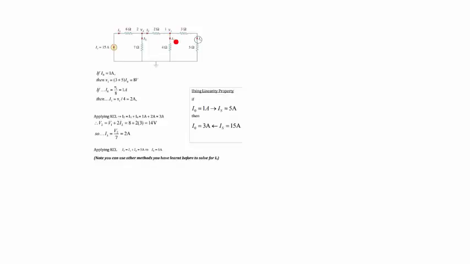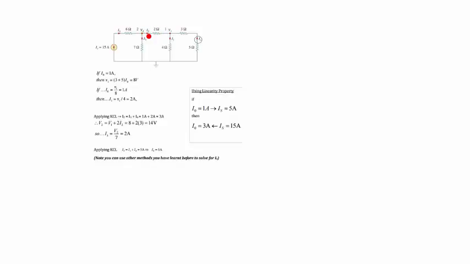I1 will be 8 volts divided by 4, which is 2 amps. The sum of current entering the junction is equal to the sum of current leaving the junction, so our I2 value will be I1 plus I0, which is 2 plus 1, so 3 amps. Our I2 is 3 amps.